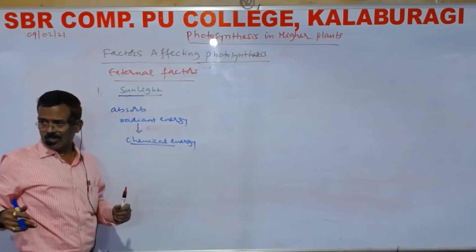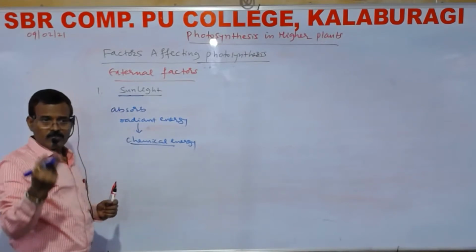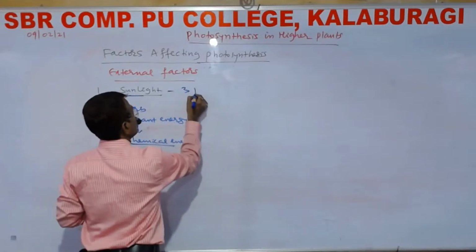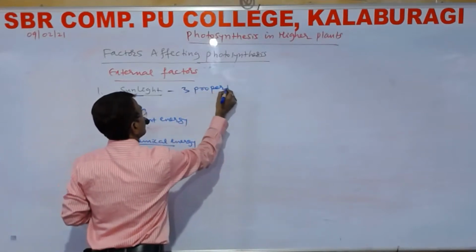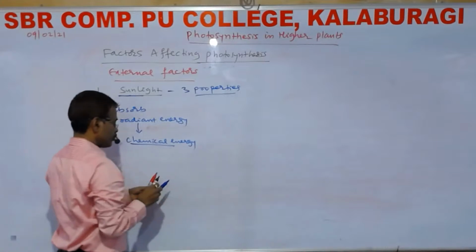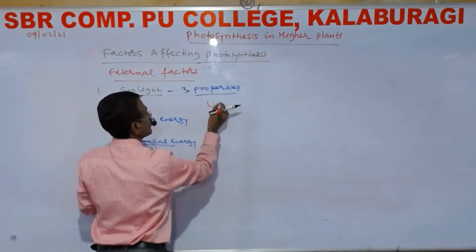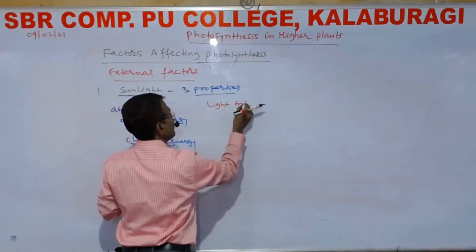When we learn sunlight as an external factor, we have three properties of sunlight. What are these three properties? One, light intensity.